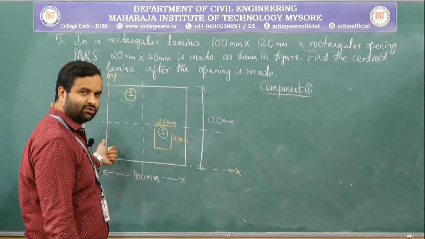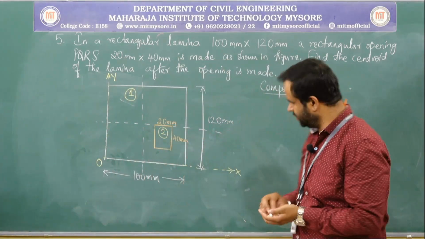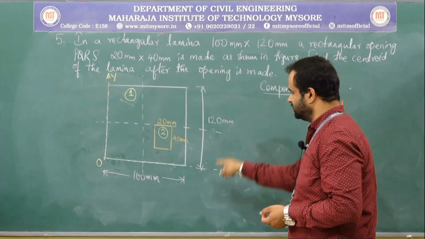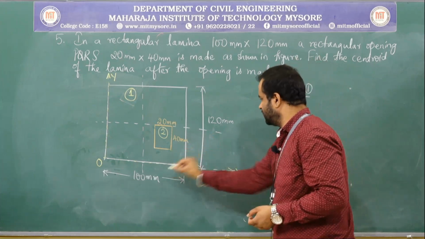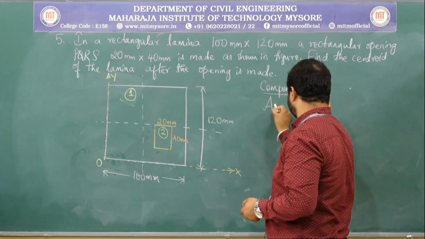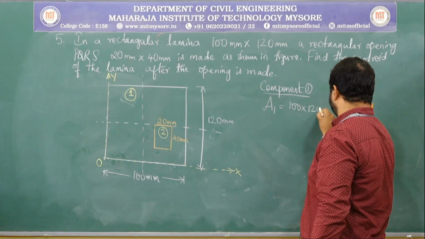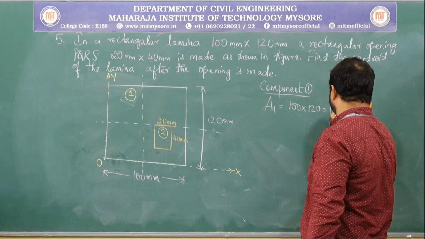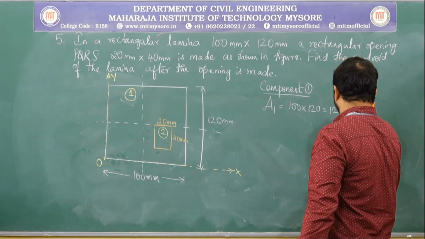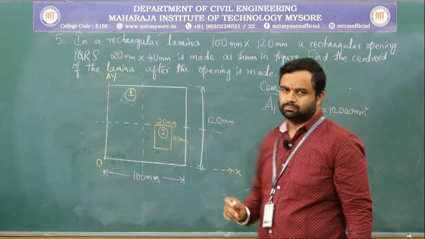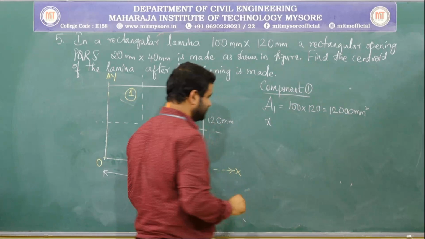With respect to this coordinate axis, we need to locate the centroid. Okay. So component 1 is the bigger rectangle whose area is 100 by 120 mm. So A1 is equal to 100 into 120, which is 12,000 mm square.